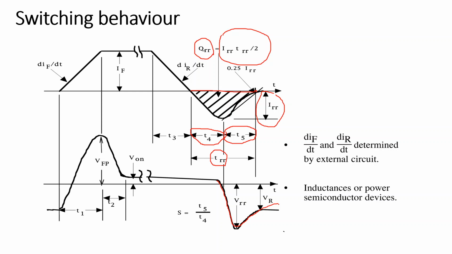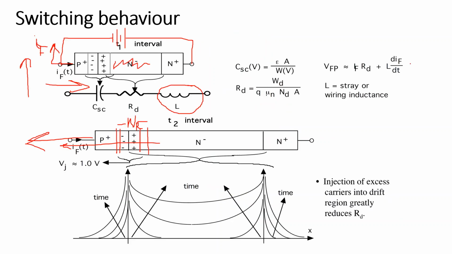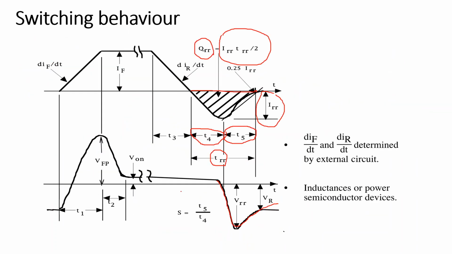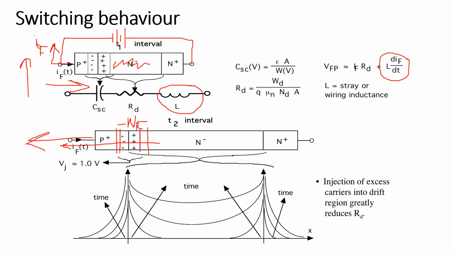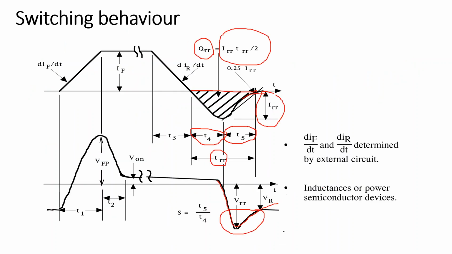Then again, because there is some inductance in the circuit, we are getting this peak because of this inductance in the circuit. Okay, and then as the current becomes constant again, this inductive part becomes 0, so the reverse voltage becomes constant again.